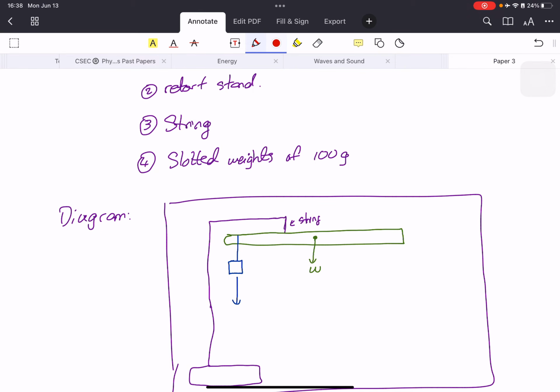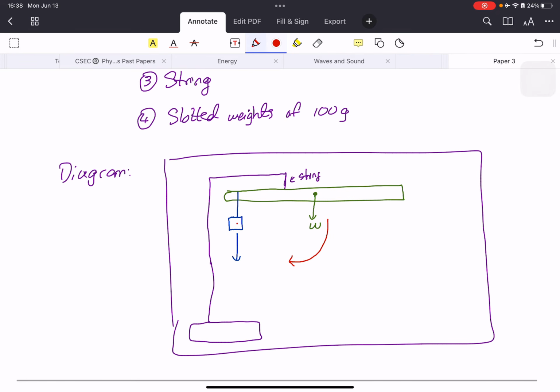So what is the direction of the weight? The weight is going down like this. So that is clockwise. However, the slotted masses that you are putting are going in this direction. So that is going anti-clockwise.